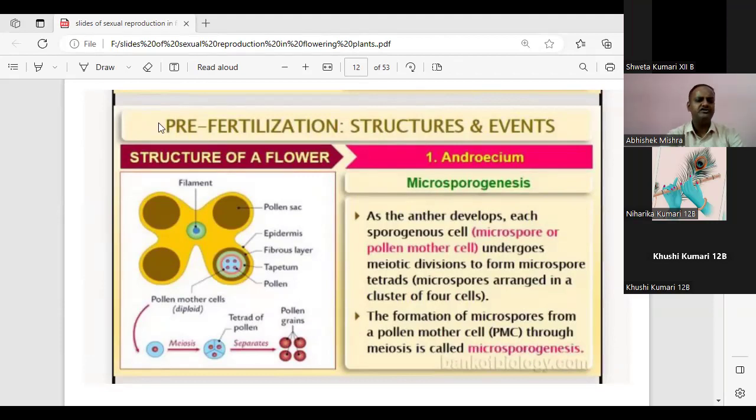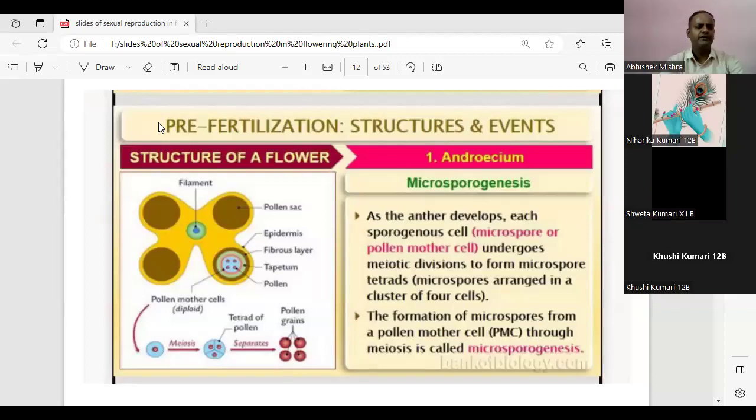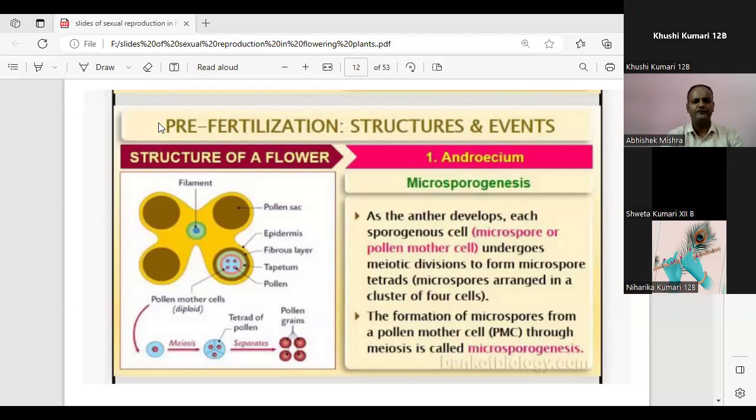Next question: what are the two layers of the pollen grain in its structure? What are the two layers? Okay, Khushi Kumari, unmute yourself. Exine and intine. Okay, fine.